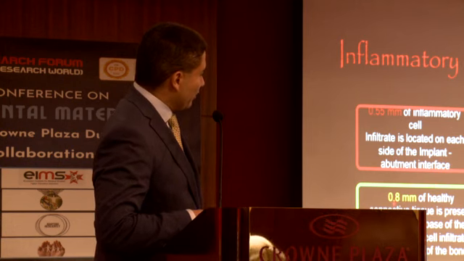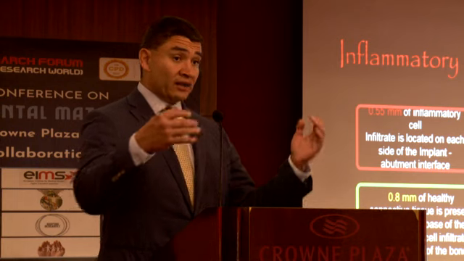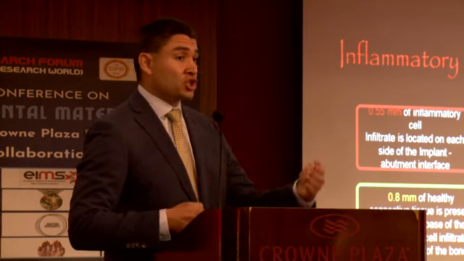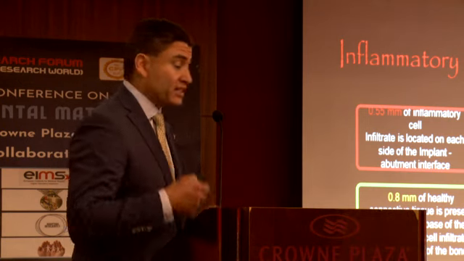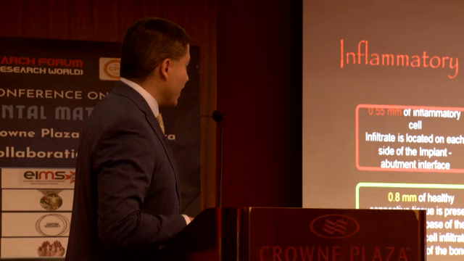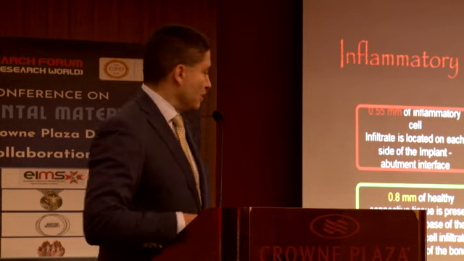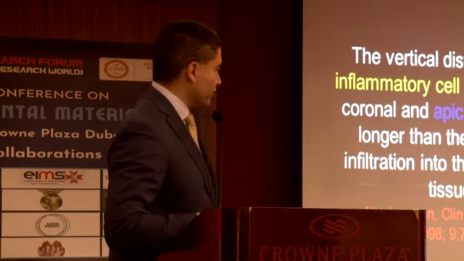Then we have about 0.8 millimeters of healthy connective tissue that is present. It's not attached to the implant, but it's present and helps to delay the proliferation of this inflammatory cell infiltrate. And the bone crest is typically located about 1.35 or 1.5 millimeters from the implant abutment interface, right? So we understand that.